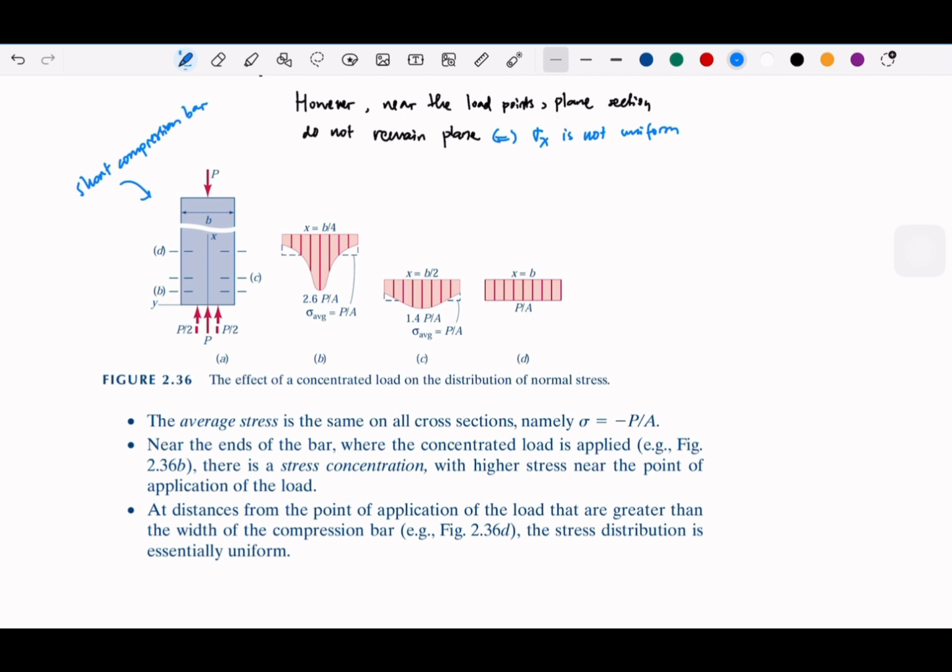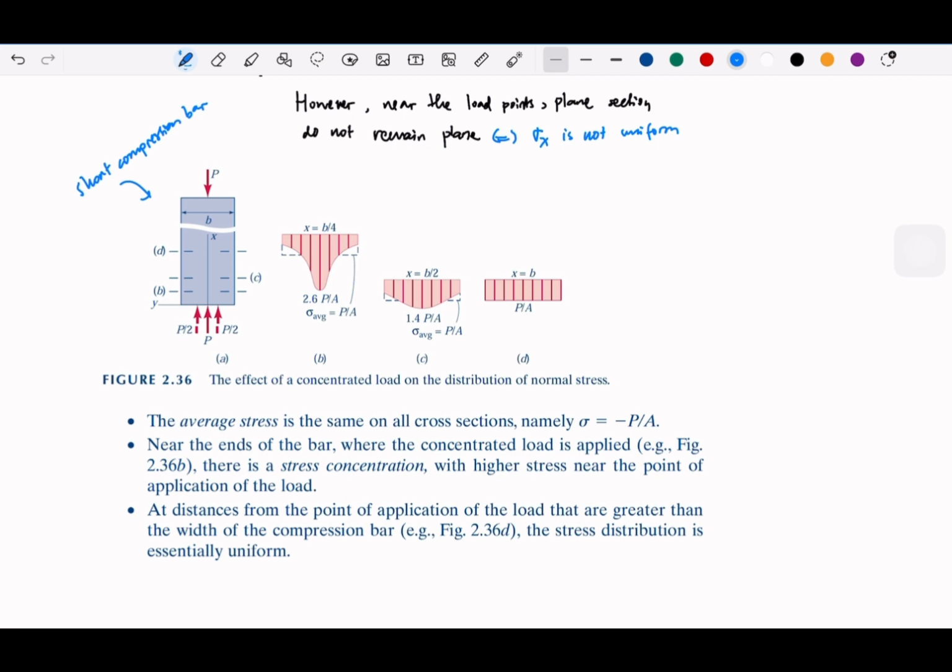The first one is that all the stress average, or the sigma average, they are going to be the same, okay? The sigma average is going to be negative P over A. Why is it negative? That's just to mention that it is a compression.